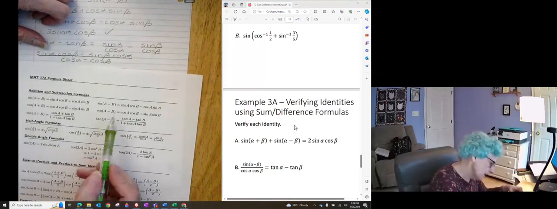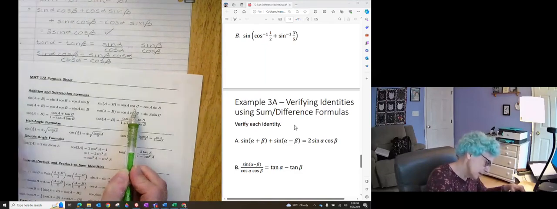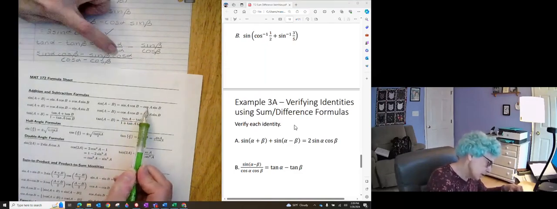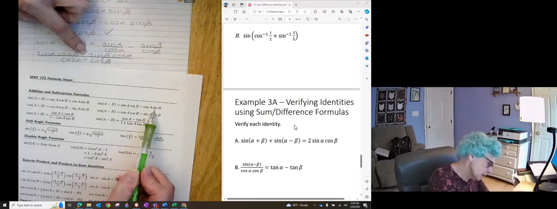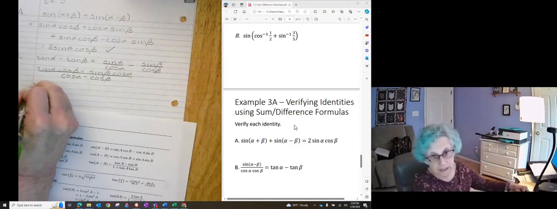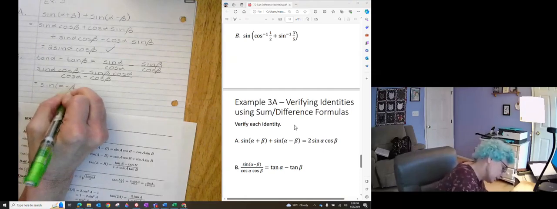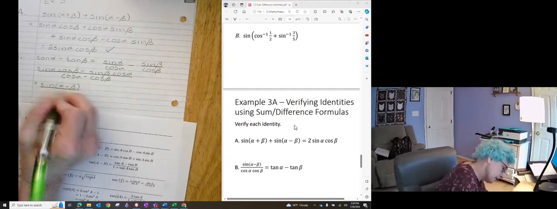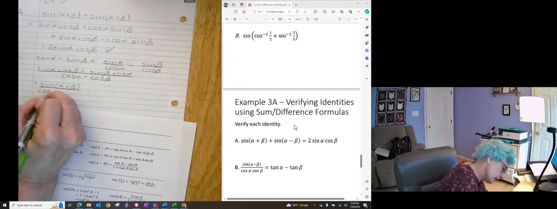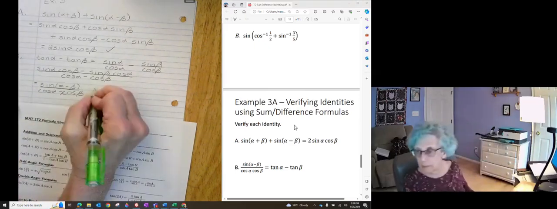Now I have sine alpha cosine beta minus cosine alpha sine beta, and since I can multiply in either direction, this is really just sine of alpha minus beta on top of cosine of alpha times cosine of beta.